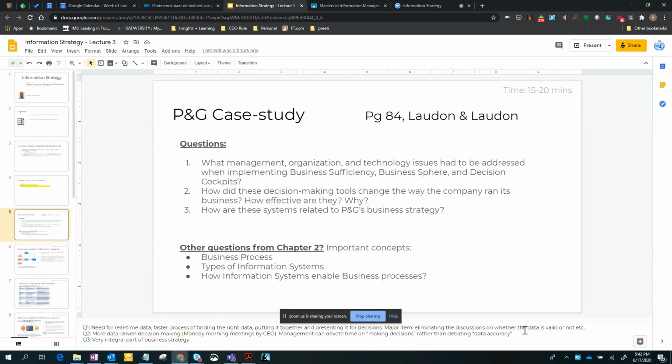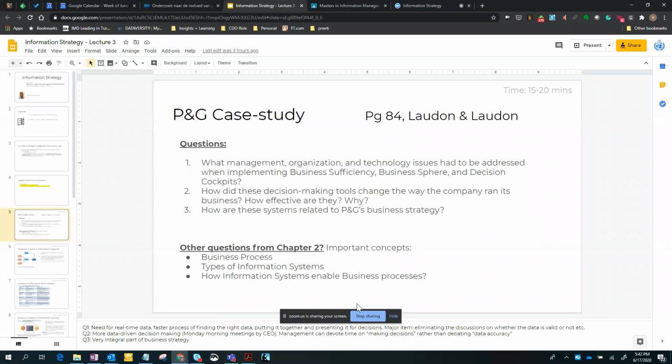So the decision making tools changed the way the company ran its business. If you remember in the case study, the CEO will have a meeting every Monday morning where he looks at the sales from last week, and decides based on the sales whether we need to readjust or change our strategy.